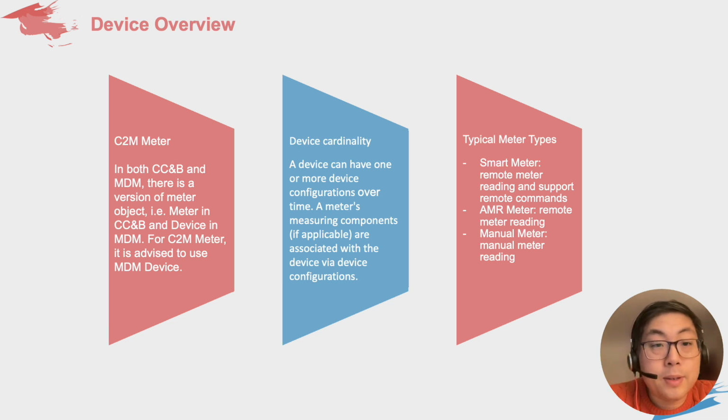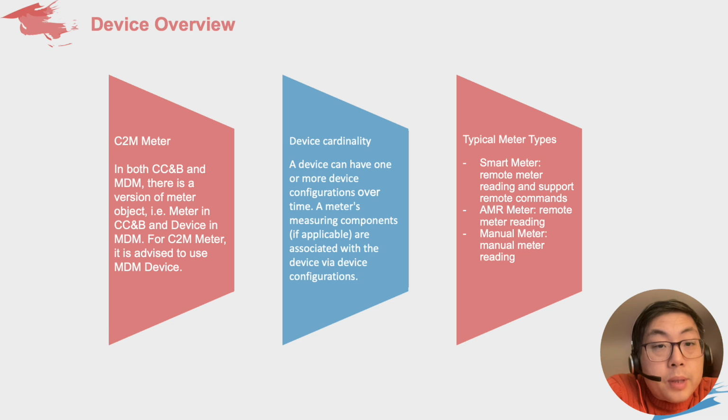That means at one time you can only have one device config with one service point for that particular device. The measuring components are actually associated to the device, but also via the device config. So the device config becomes the link object between service point, device, and measuring component.